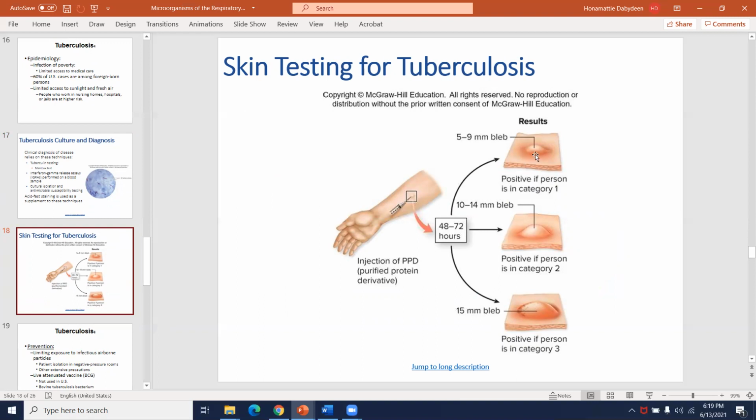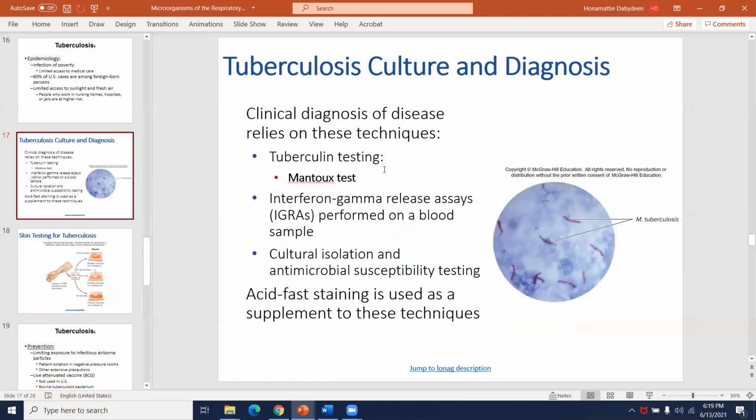I don't know if you remember, we talked a little bit about delayed type hypersensitivity. We're not getting a reaction at the same time. It's not immediate. It's hours, days later. That's why we call it delayed type hypersensitivity. And what they're injecting there is something called PPD, purified protein derivative. And that is the basis behind the Mantoux test.